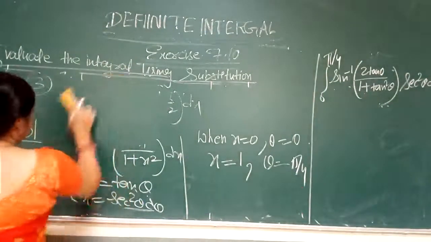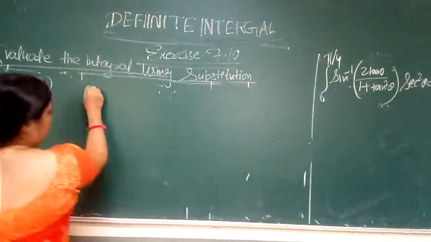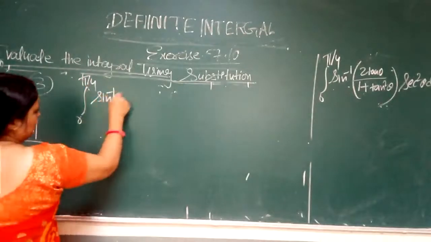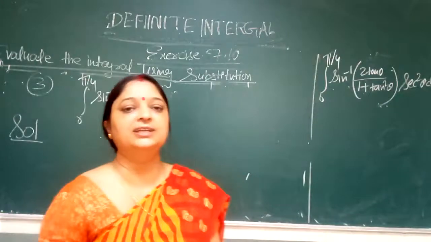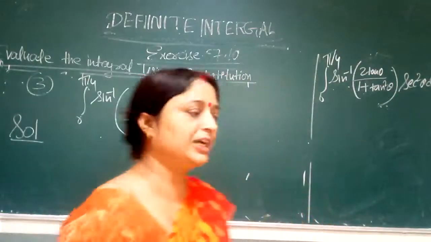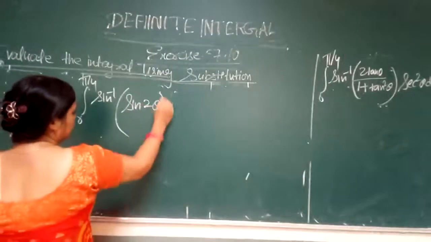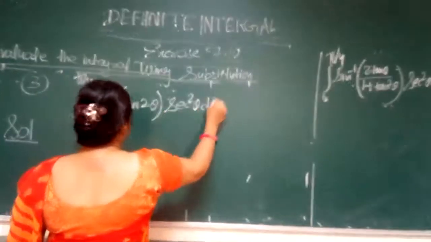Now I am writing here after that. It is coming here 0 to pi by 4 sine inverse. Now what is the value of 2 tan theta upon 1 plus tan square theta? This is the formula of sine 2 theta. So it will come here sine 2 theta into sec square theta d theta.